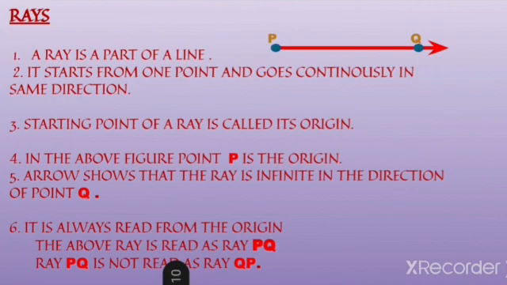Ray PQ is not read as ray QP. So always remember that a ray is read from the origin. That means if you read it as ray QP, it will be wrong.